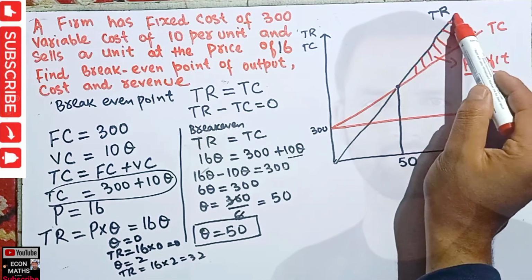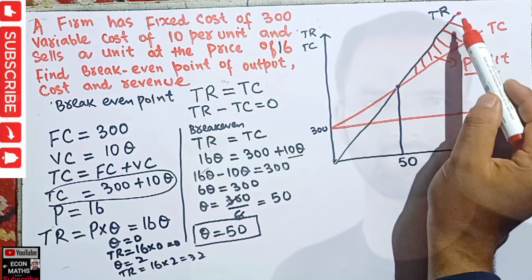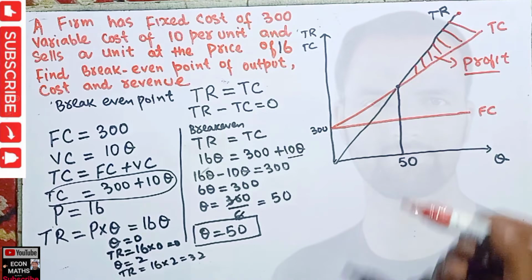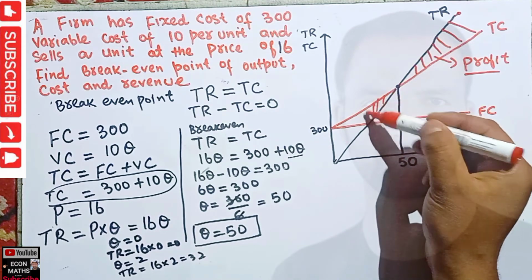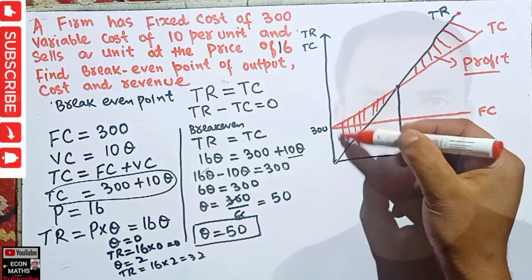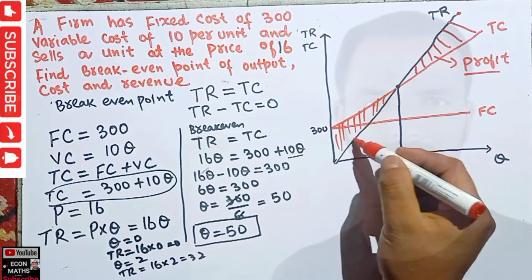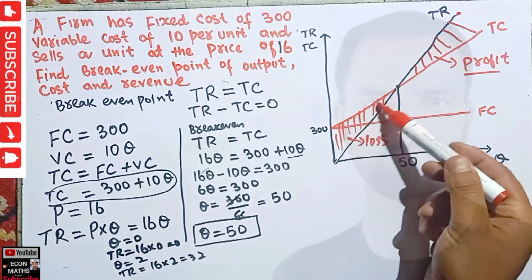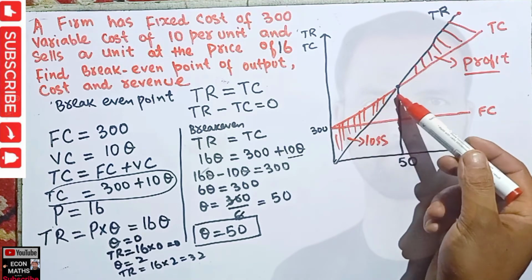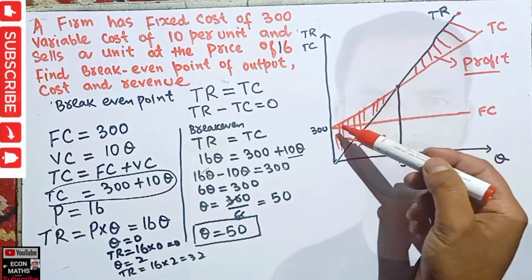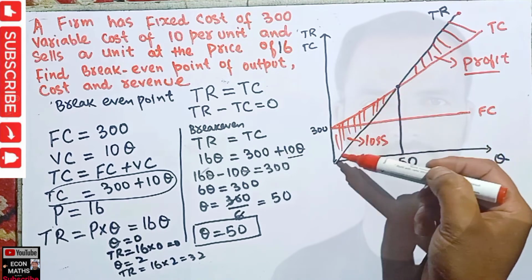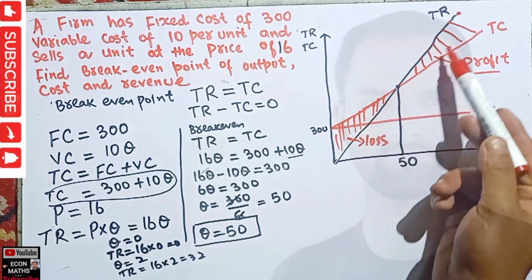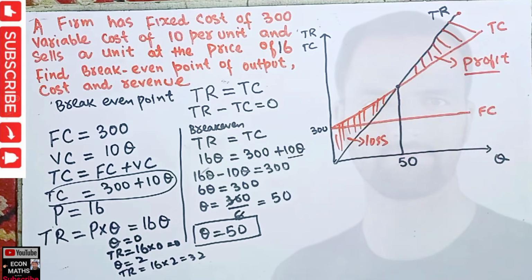Similarly, this portion denotes the loss, because total cost is high and total revenue is low. The red line is above the black line, where the black line denotes the total revenue and the red line denotes the total cost.